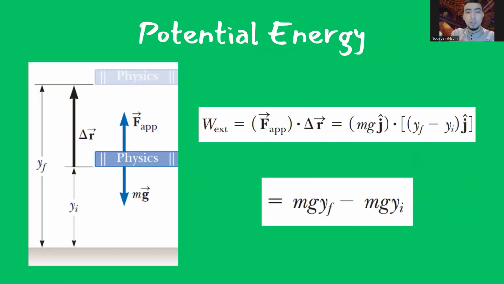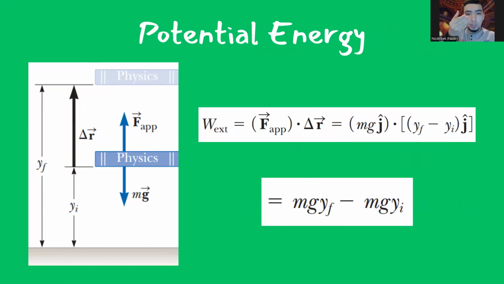But let's see what happens if you put it in vector multiplication, or if you use vectors for multiplication too. You have an example here in which we are lifting a book, and the force is equal to mg. So the book is being lifted with a constant velocity.